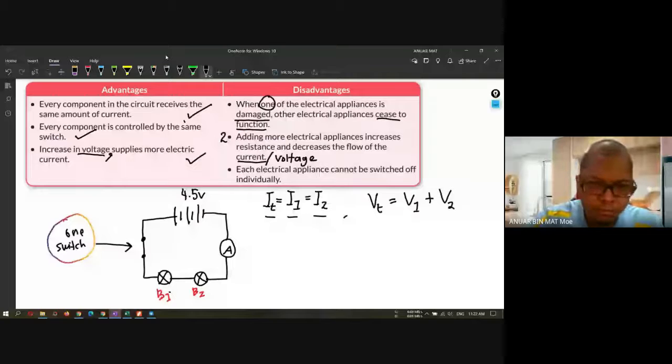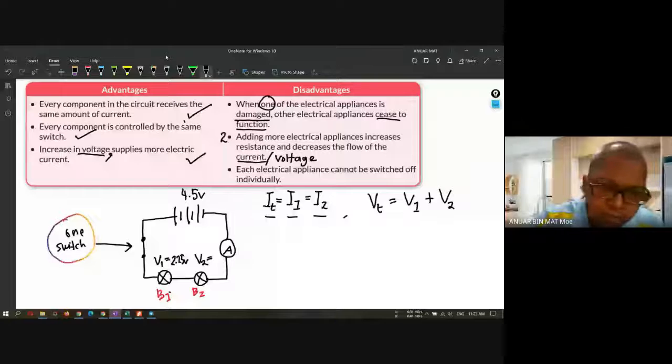What is the voltage here for V1? And what is the voltage for V2? You just divide it by 2, right? Because we have only 2 components. So V1 is how much? 2.25 volt, and V2 also 2.25.